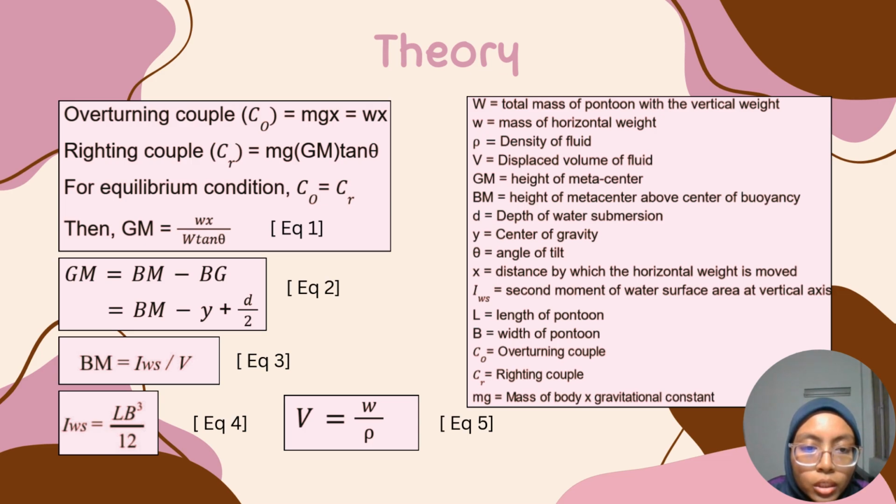Equation 4 also correlates with equation 3. IWS, which is the second moment of water surface area, will be equal to LB cubed divided by 12. And then the last equation is equation 5. V is the volume of the water displaced. It will be equal to W, which is the mass of the horizontal weight, divided by the density of fluid.